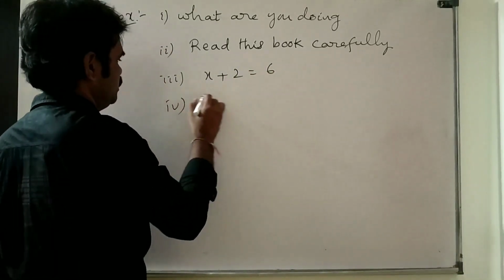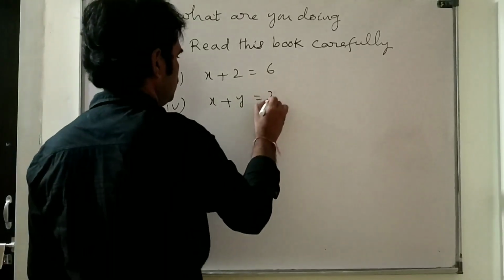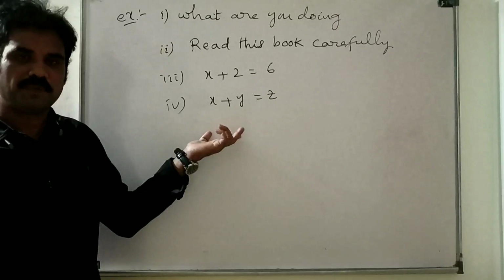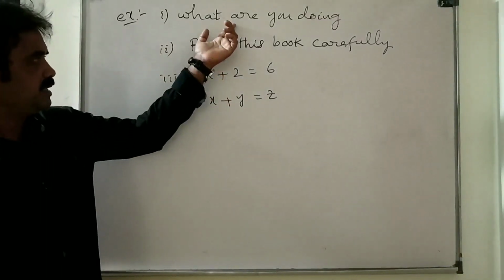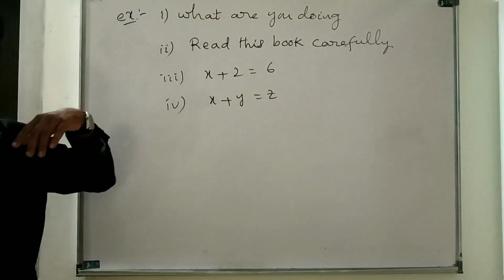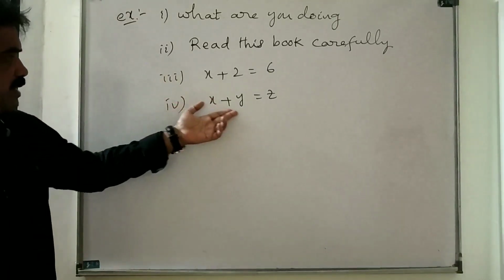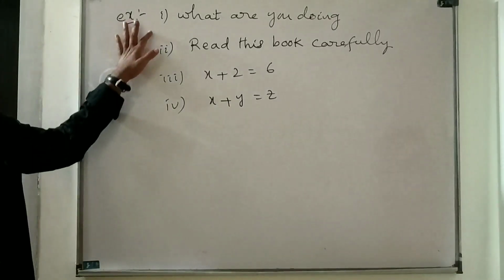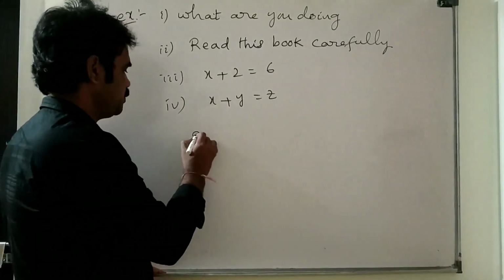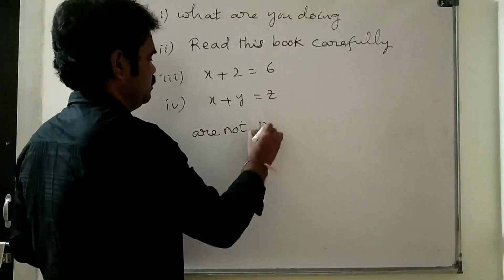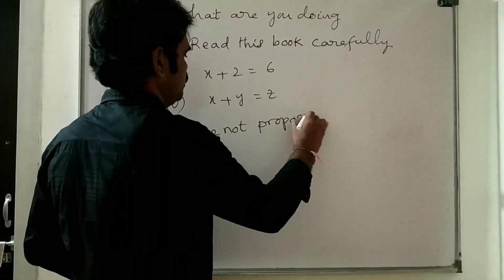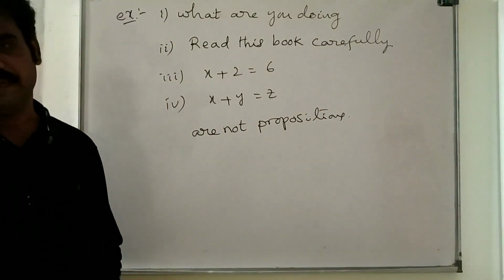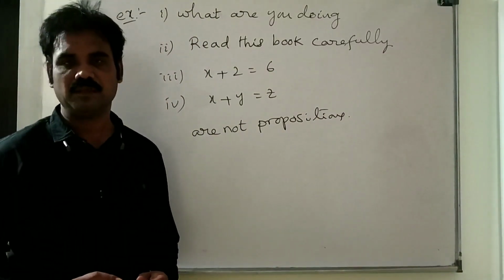Fourth one, x plus y equal to z. These are not propositions. The first two are not declarative sentences, and we don't know the values of x, y, so we cannot say whether they are true or false. Hence these are not propositions. Understand? A proposition is a declarative sentence which is either true or false.